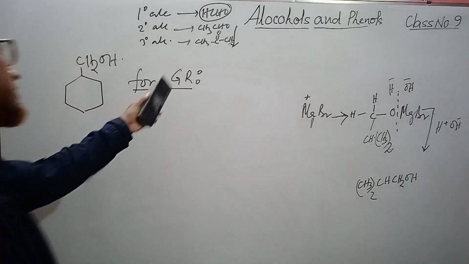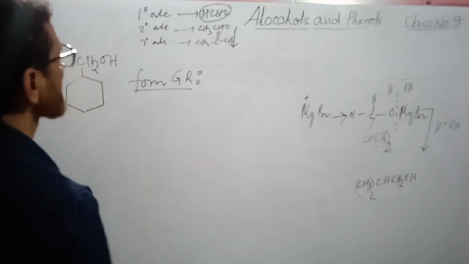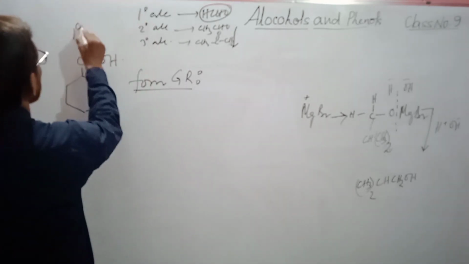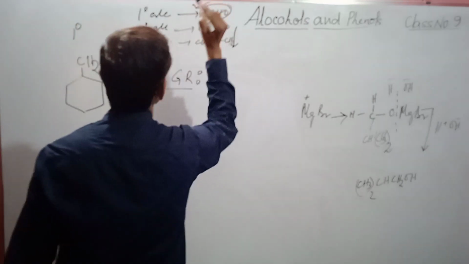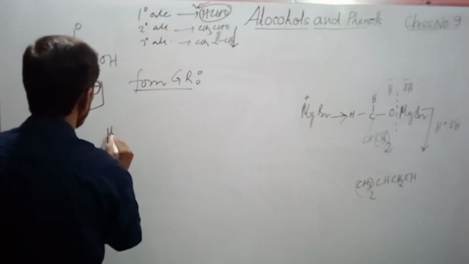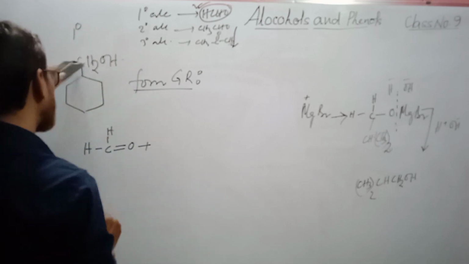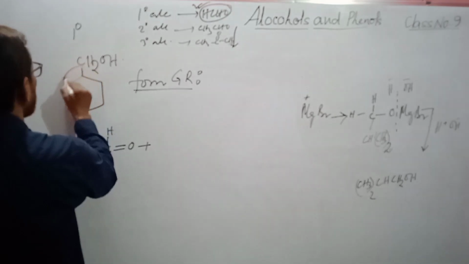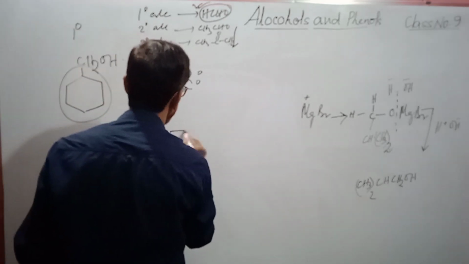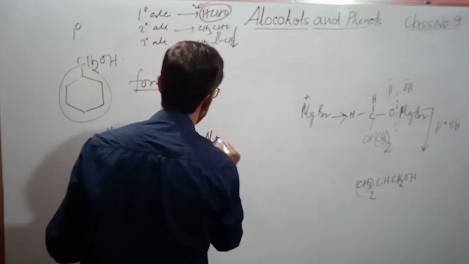What will be the structure of the Grignard, and what is the structure of the other compound? So since it is 1 degree, again it must be HCHO. H, C, H, double bond O. Then Grignard, since that group is attached, we will choose a Grignard with this group.